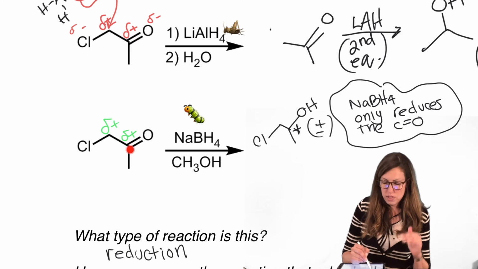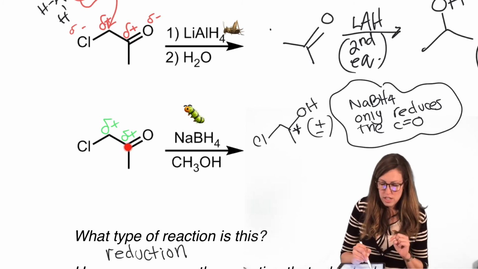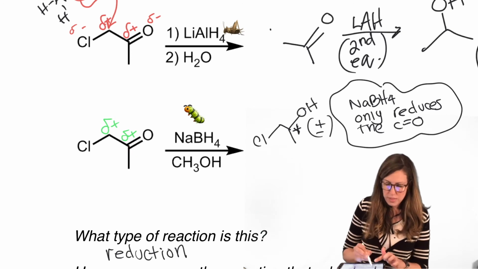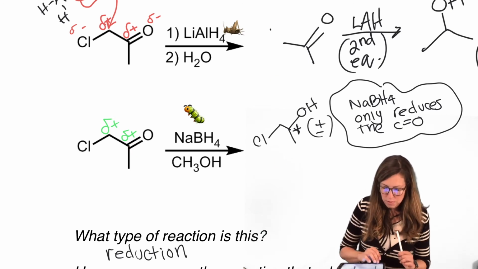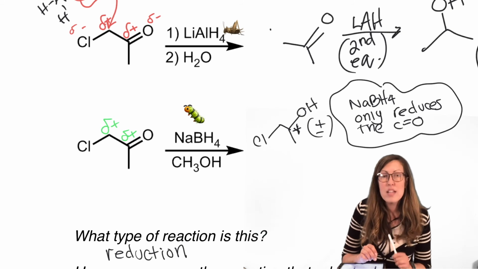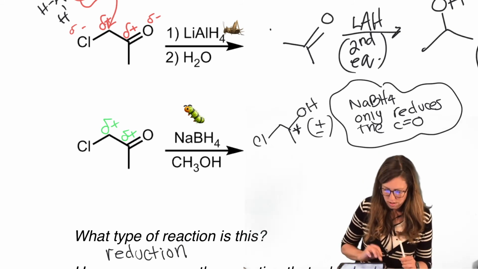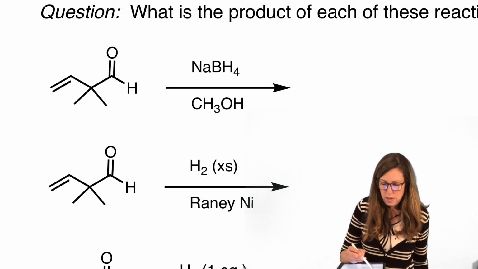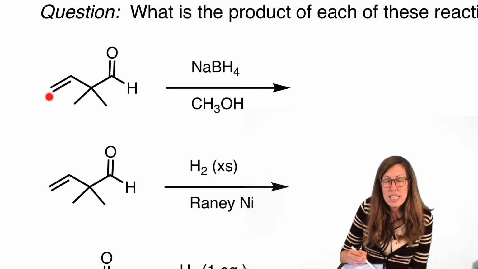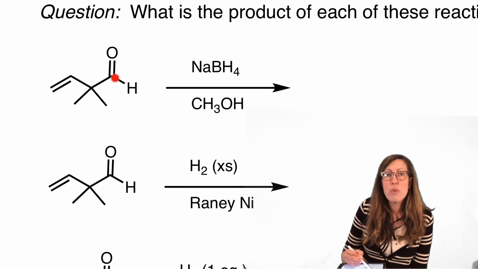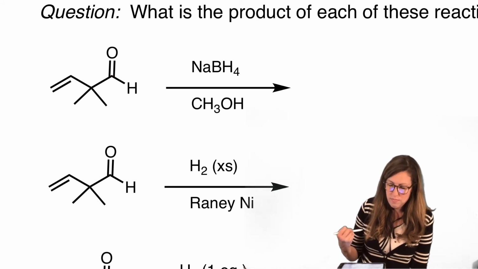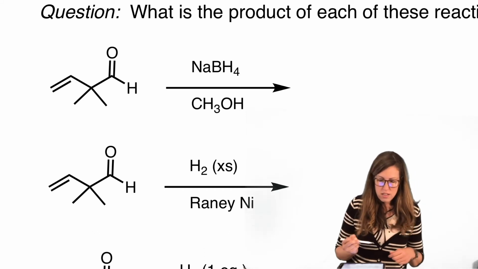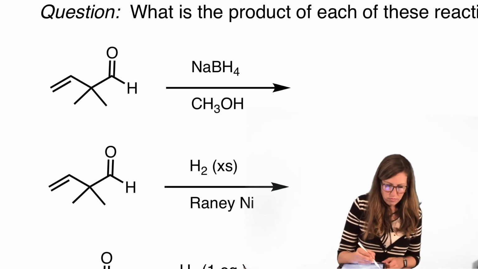NaBH4 is the one that will selectively only touch the carbon electrophile. We could have another problem. We could have another pi bond that could get reduced. So what happens when we have those two functional groups present? A pi bond, an alkene, with another type of pi bond, a carbonyl, both of which we know undergo reduction. Well, I will show you the results and why we have to consider other reagents to help us with that.